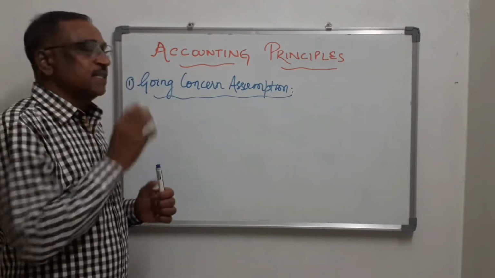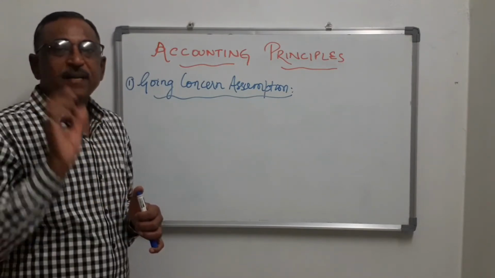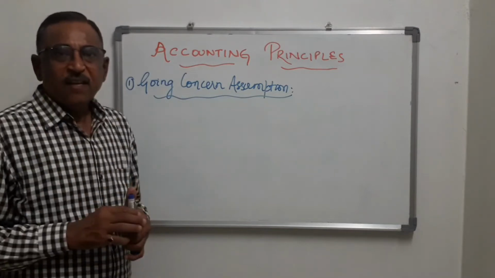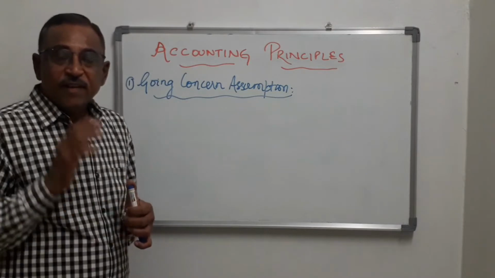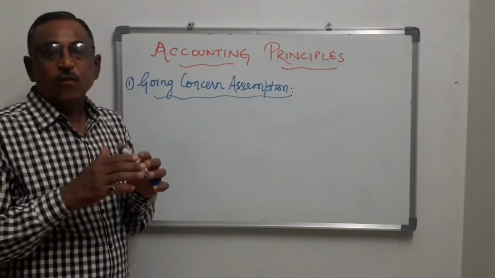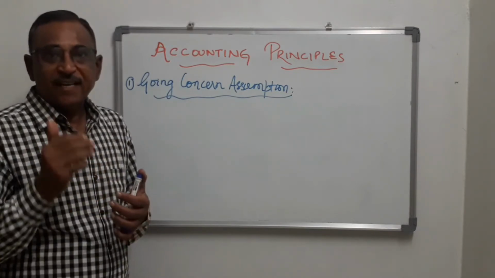The reason for this assumption is that we have to differentiate between our capital expenditure and revenue expenditure. Because for example, if we buy any asset for our business, we have to allocate its cost over the period of time for which it is likely to be used.